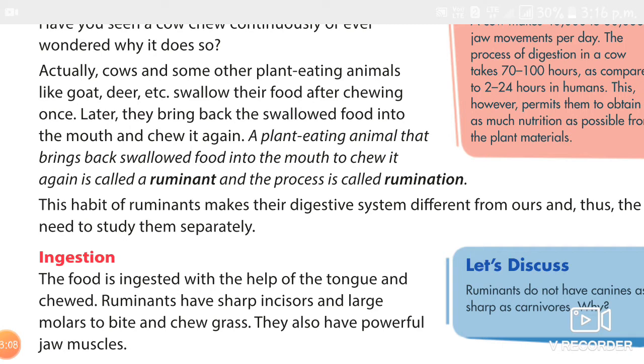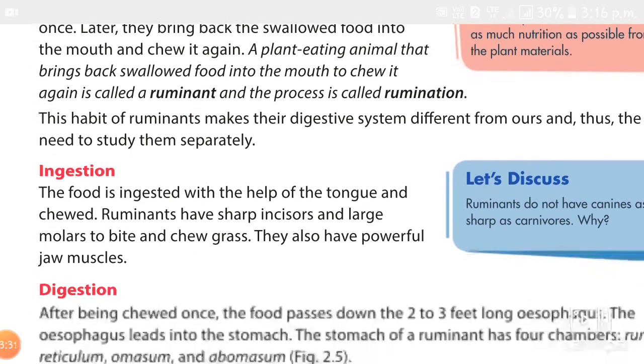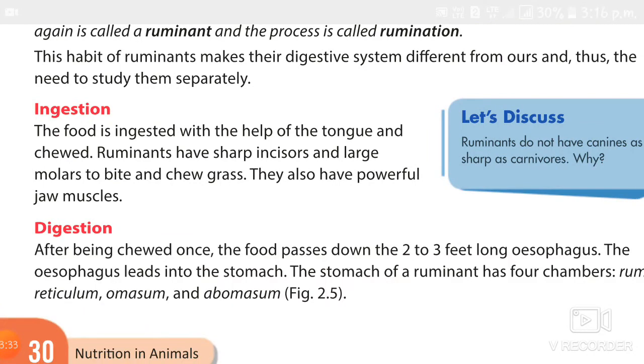Ruminants have powerful jaw muscles. A cow makes 40,000 to 60,000 jaw movements in a single day. After taking this food from the mouth, it goes to the stomach through the esophagus.